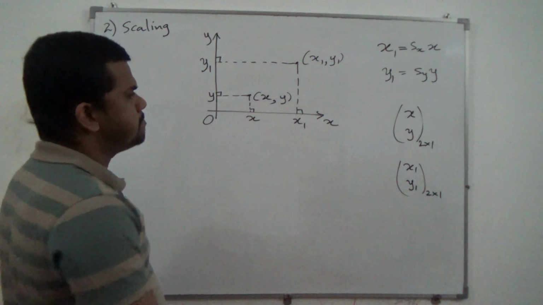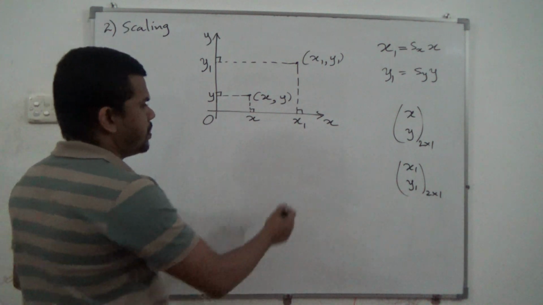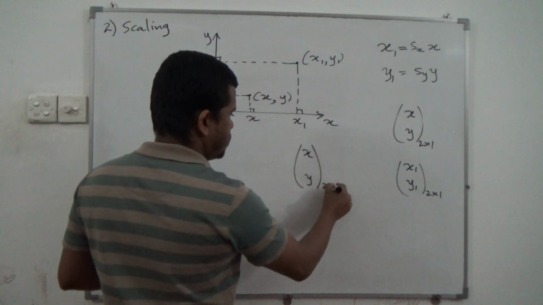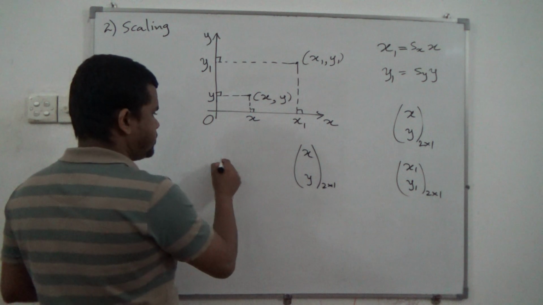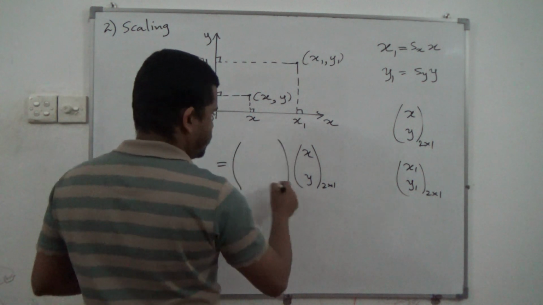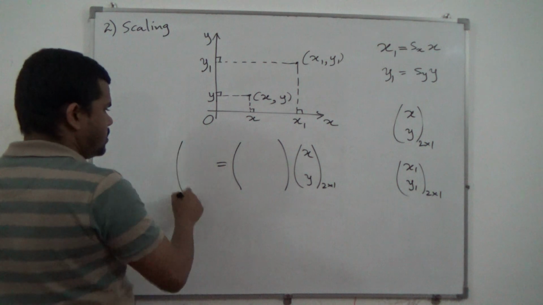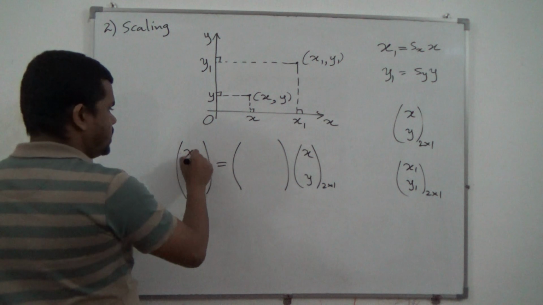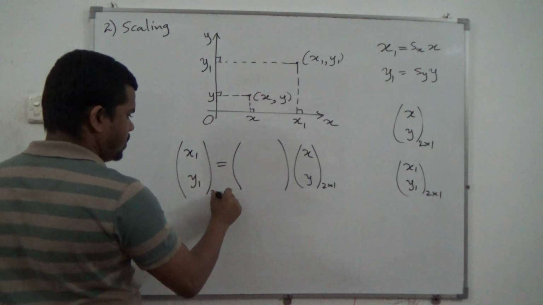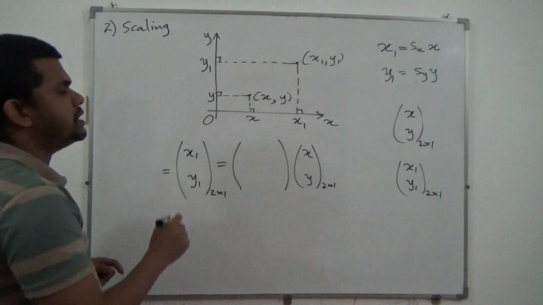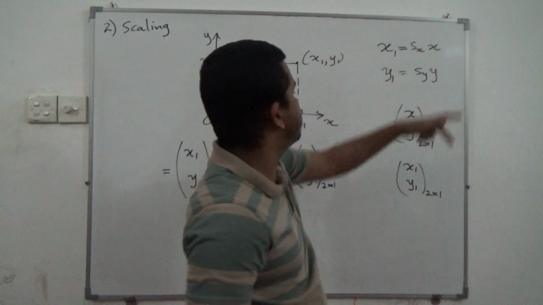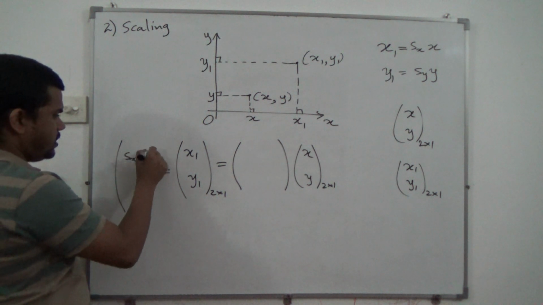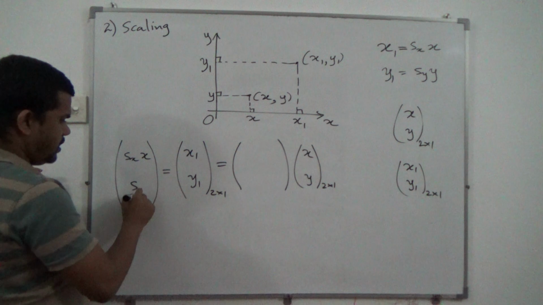Now we have xy, a 2 cross 1 matrix, and we have to find the matrix so that the multiplication of these two gives x1, y1, 2 cross 1. That means if we substitute x1 and y1 from these two values, you get sx x, sy y.